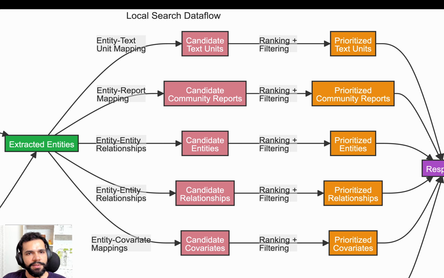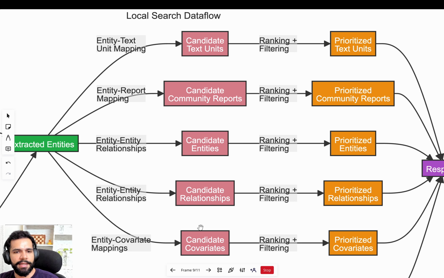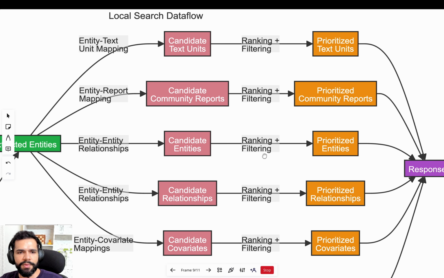We can make it fancier by creating different variations of the query as well, and so on and so forth. But here we have much more sophisticated ways of doing it through text units, reports, entity relationships, and entity covariate relationships. There's a typo here.